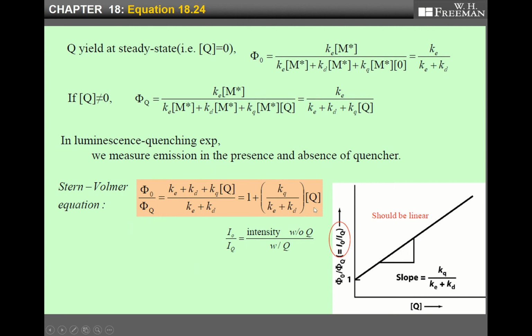This is a simple linear plot. The y-intercept is 1 when q is 0, and the slope is proportional to this. This is the result, and you may find that the Stern-Volmer equation is really well applied in these quencher experiments.